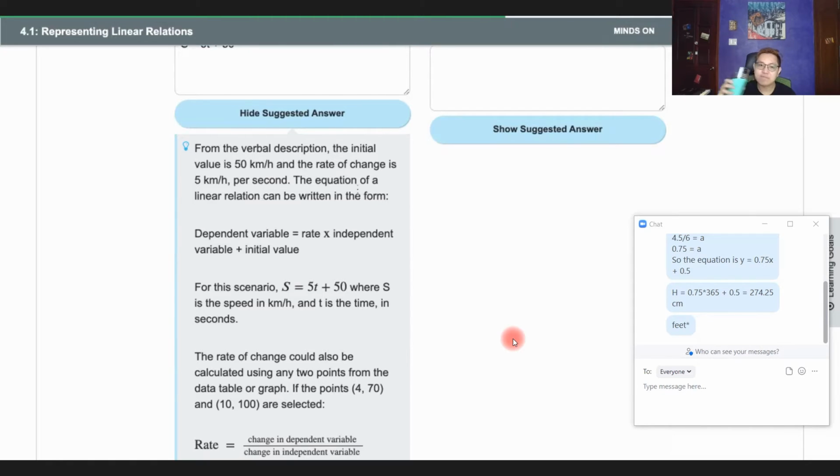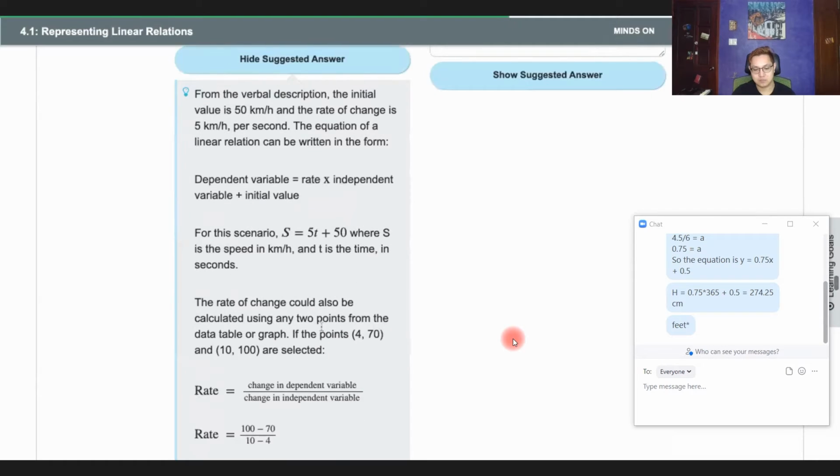The equation of a linear relation can be written in the form dependent variable equal rate x independent variable plus initial value. For this scenario, s equal 5t plus 50, where s is the speed in kilometer per hour, and t is the time in second.